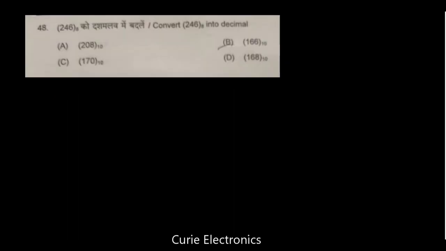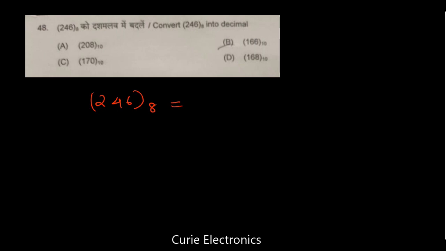Question number 48. Convert 246 to the base 8 into decimal. So 246 octal we have to convert into decimal. So what do you do? How do you convert to decimal? Using the power method.